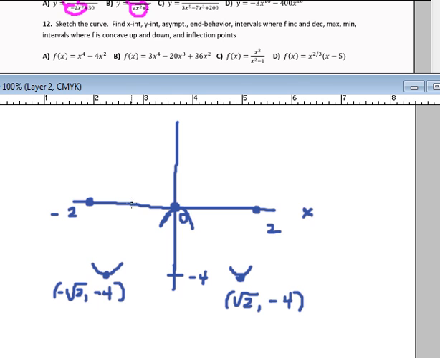And then we have end behavior I didn't put in. We have going to infinity on the right and left. Now we have 2 inflection points at square root of 2/3 and minus square root of 2/3.